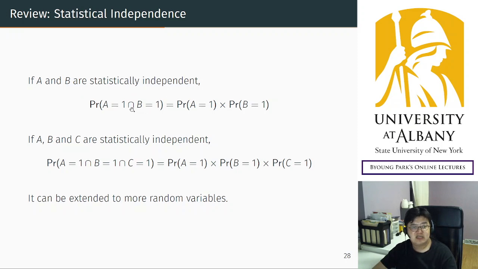And this holds in two cases, but we may extend the multiplication rule to multiple events as long as A, B, C are all statistically independent of each other. So A and B are statistically independent, B and C are independent, A and C are independent. Then you may write the intersection of A and B and C as the multiplication of every single probability.